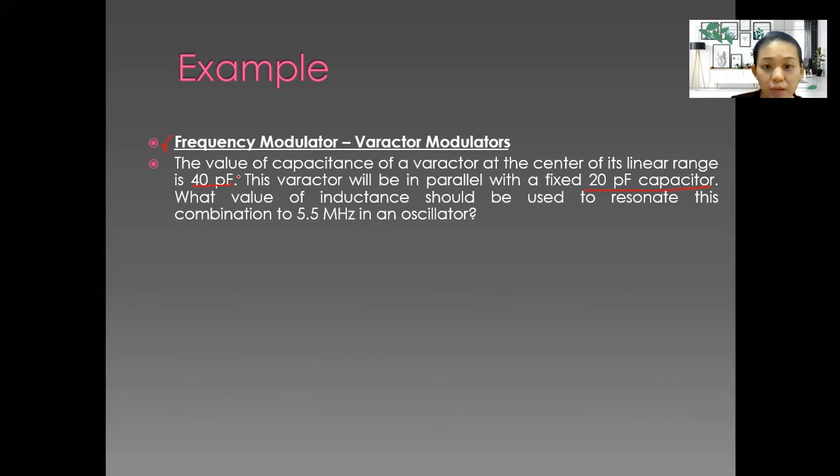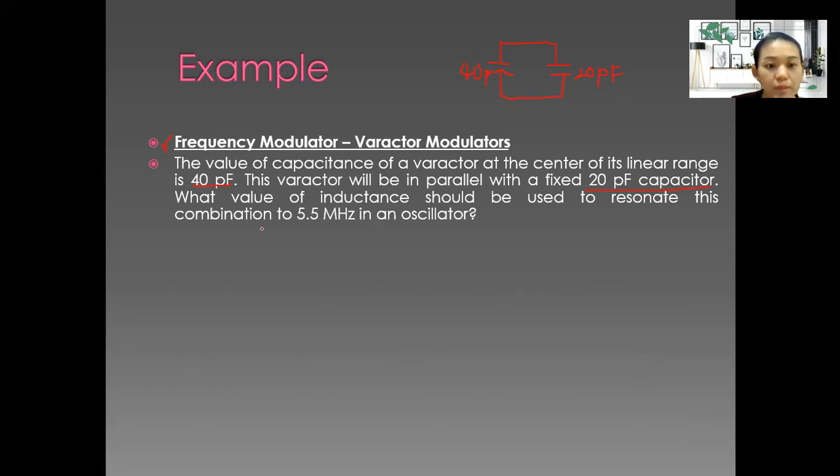So we have a varactor in parallel with a capacitor. Capacitor 1 is in parallel with capacitor 2. This one is 40 picofarads, and this one is 20 picofarads.